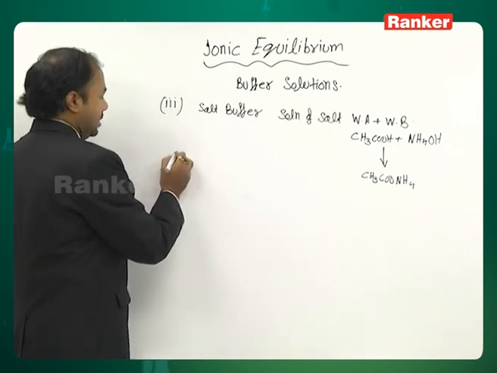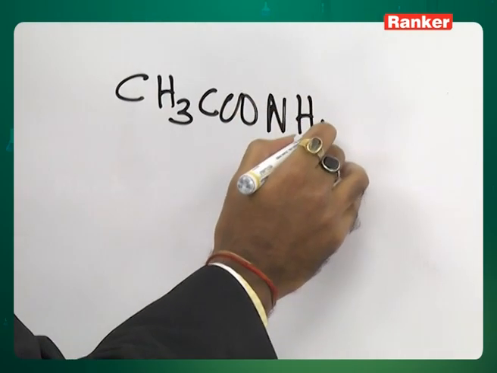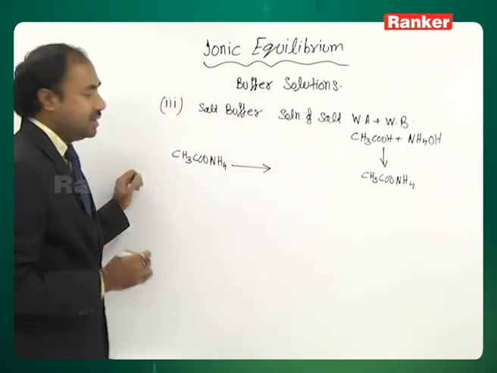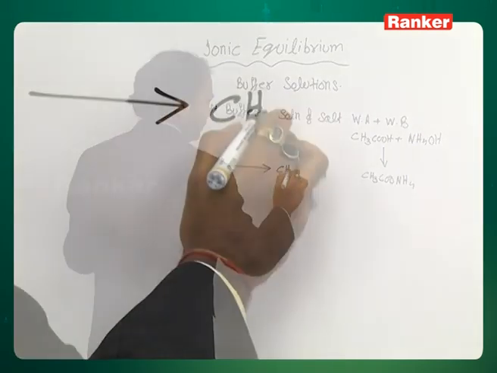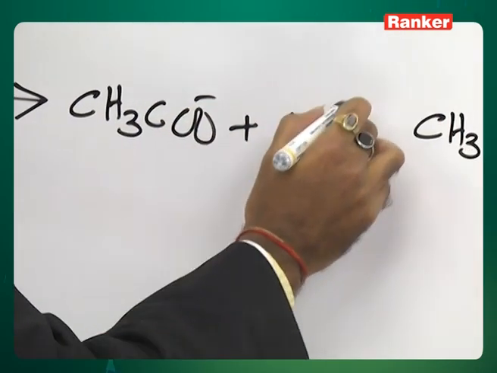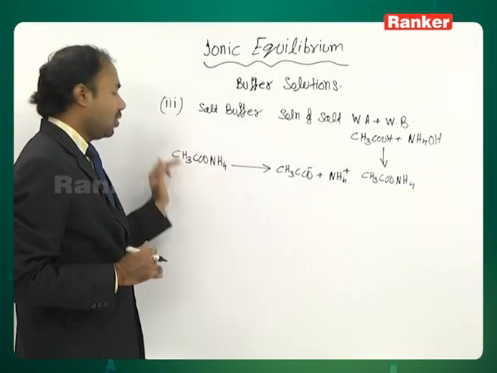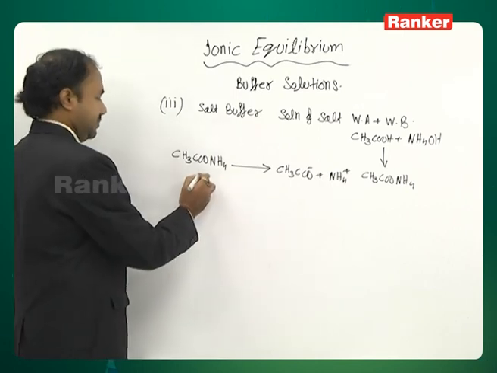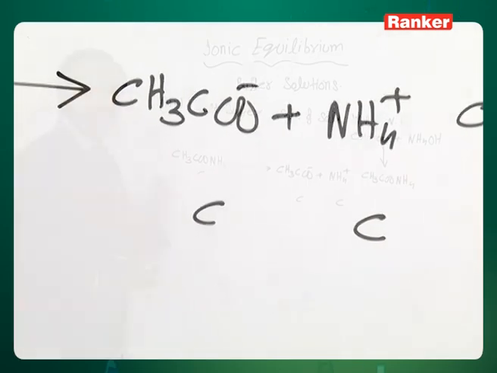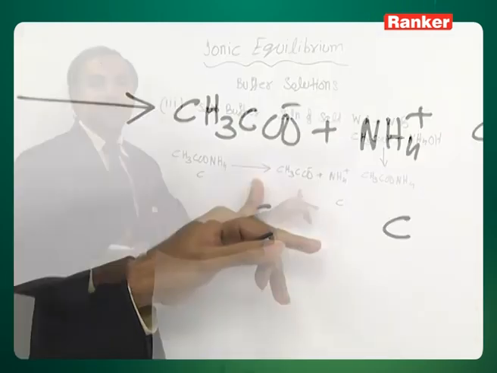See, ammonium acetate, CH3COONH4, we assume it undergoes 100% dissociation. So we get here acetate ion, CH3COO minus plus ammonium ion. Now we assume concentration of the salt in the solution was C moles per liter. So this will be C and this also will be C. One thing you can understand here, that both the ions here will undergo hydrolysis.